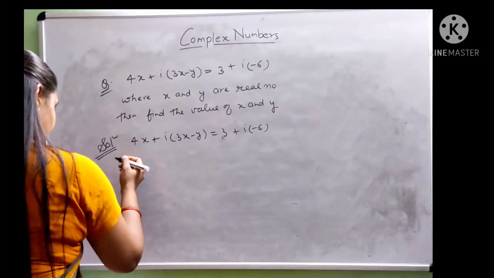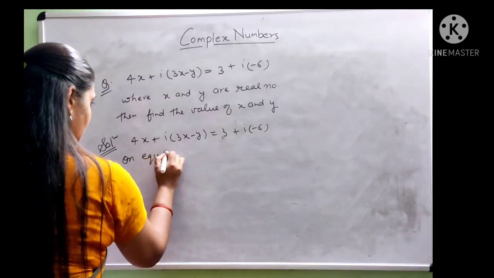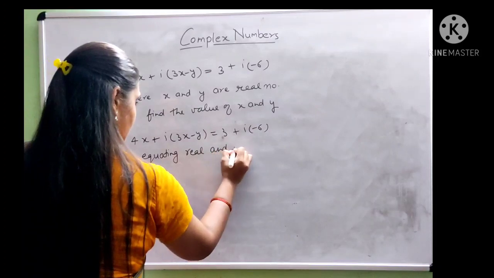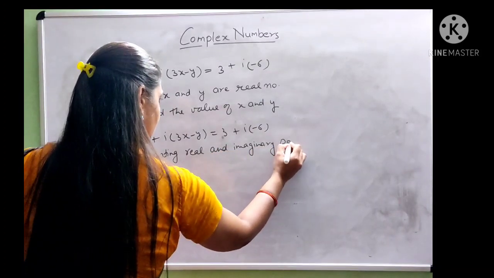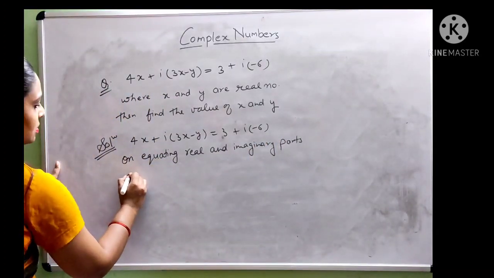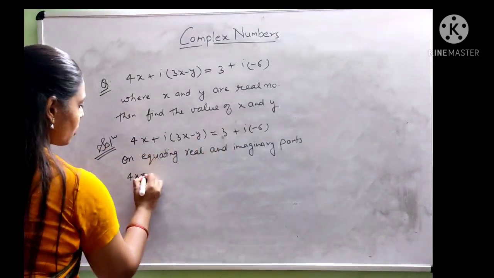So on equating real and imaginary parts, this is the real part of this complex number and this is the real part of this complex number.